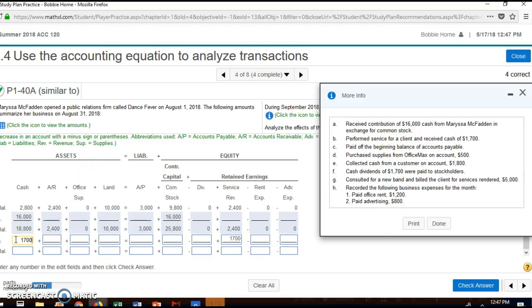If we do not receive cash, then we will record it as an account receivable. So I believe that would add up to $20,500. And then we need to add these two together.